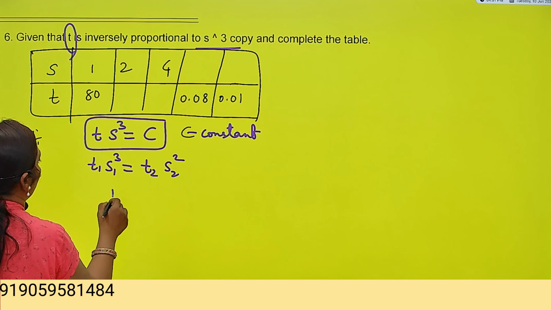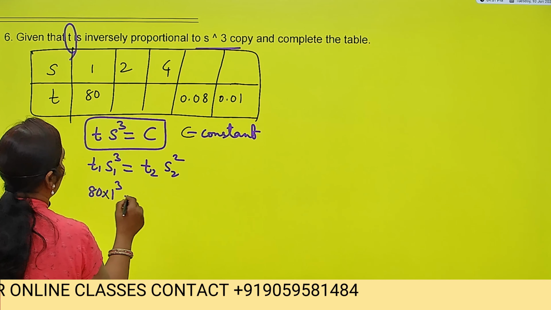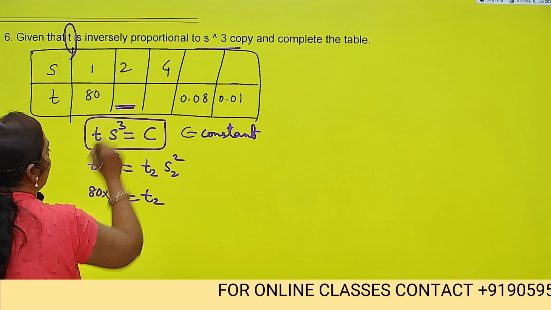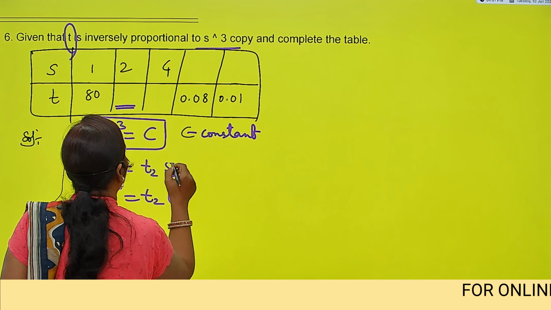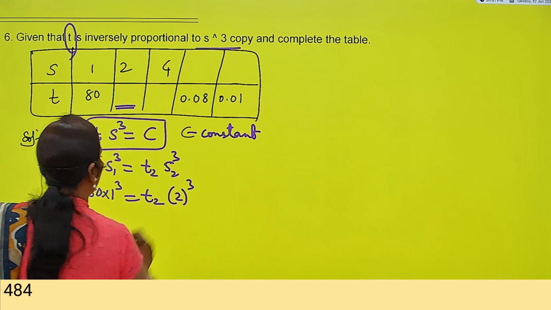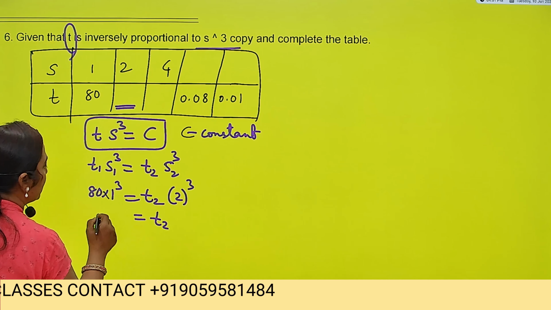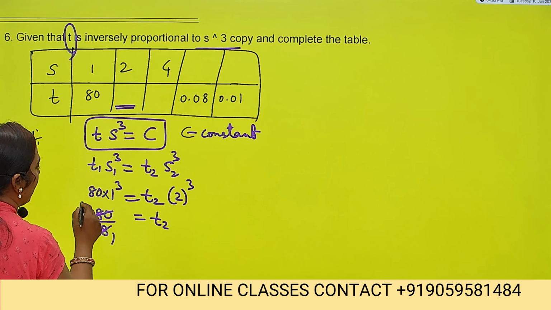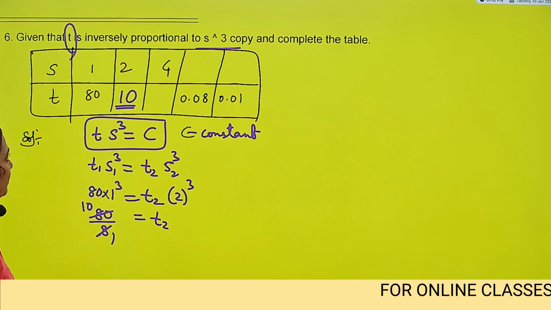What is S1 cube? 1 cube into 80 equals T2, this is the T value, and S2 is 2 cube. Here T2 equals 80 over 2 cube, which is 80 over 8. 8 tens are 80. What is the T value here? 10 is the T value. This is the first case.